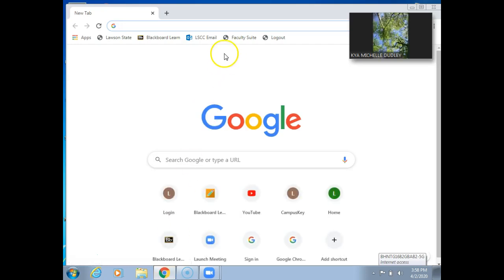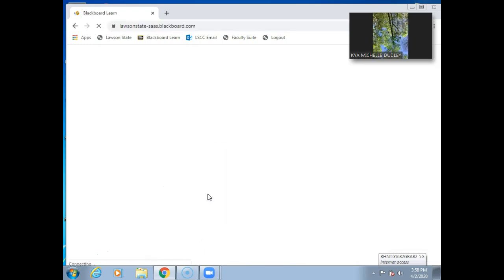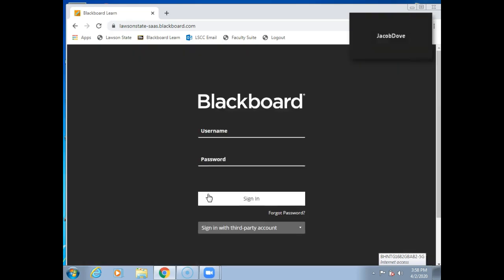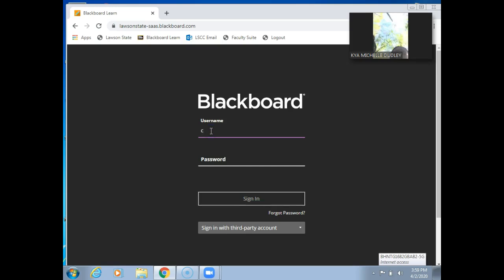I'm trying to get, I should have had this open already. I don't know. Can y'all see me doing this, or you just see a blank screen? I just see the top of your hand looking at your computer. Okay. That's my best part, by the way.